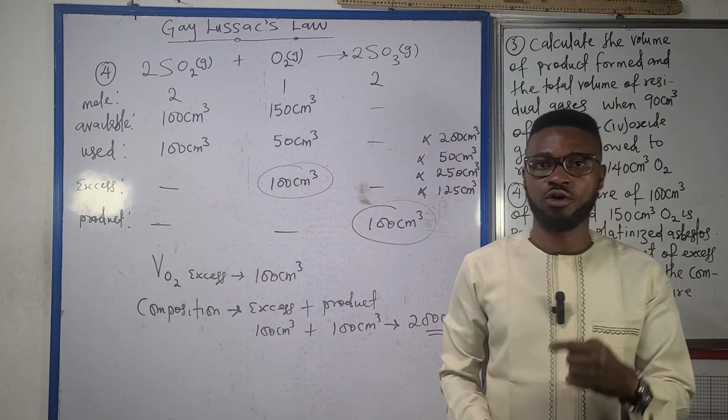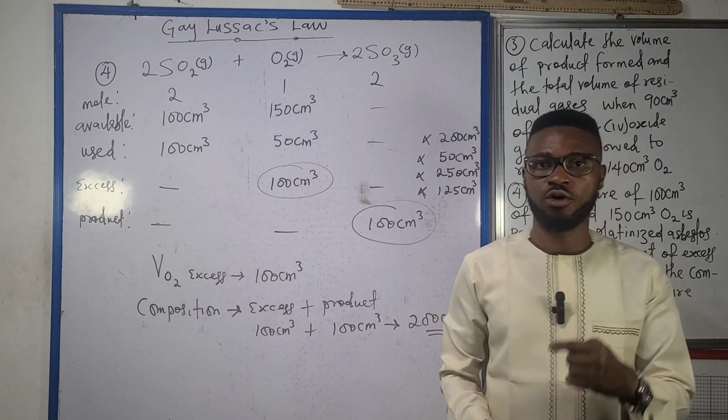So let's move on to another set of questions talking about substances reacting with air. When substances react with air, it is the oxygen component of air that they react with. Substances will not react with other components of air like nitrogen, the noble gases, or carbon dioxide. So we're going to look at Gay-Lussac's law as it involves substances reacting with air.